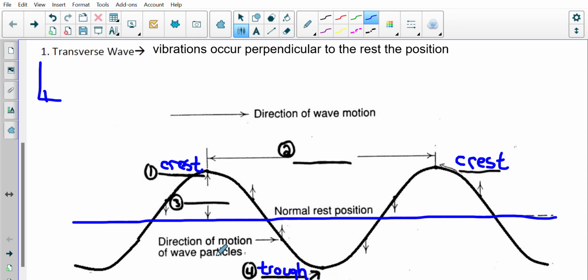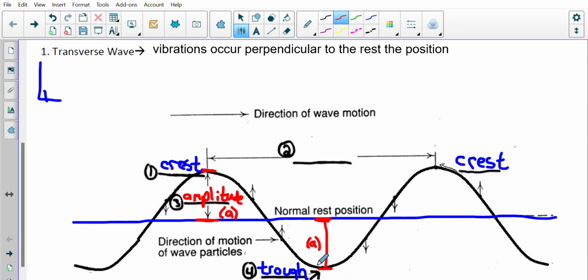Now, a couple other things to label: from your rest position to the top of a crest, that's called your amplitude. Your amplitude, which we can use the letter A, is also from your rest position down to the very bottom.